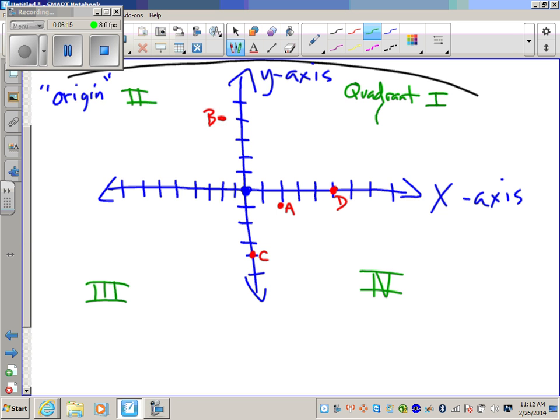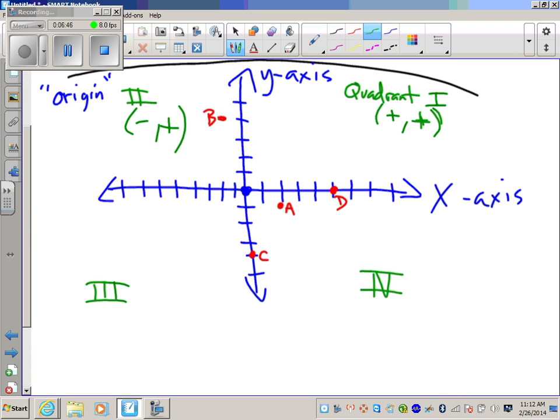Quadrant 1, to get any points in this area, you're going to have a positive x and a positive y. Positive, positive, you're going to end up with something in that quadrant. Okay? Now, over here, x has to be negative. Y will then be positive.